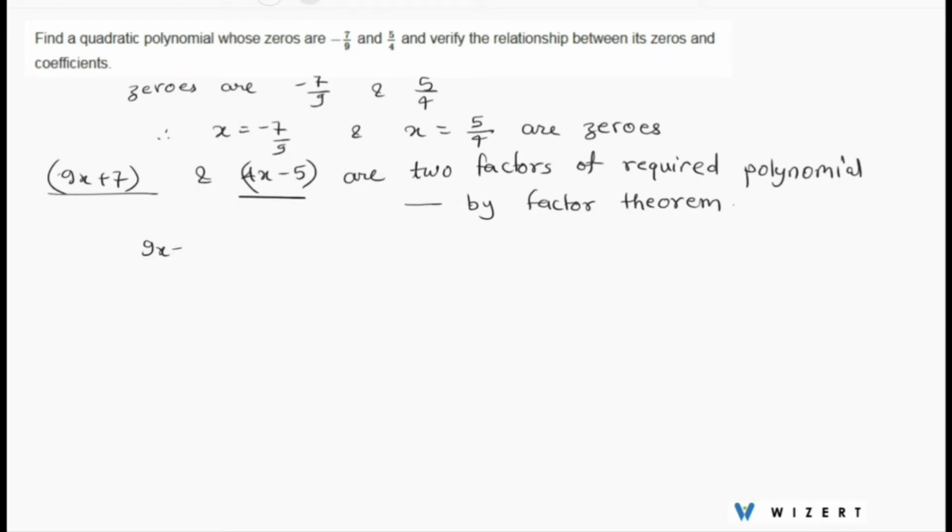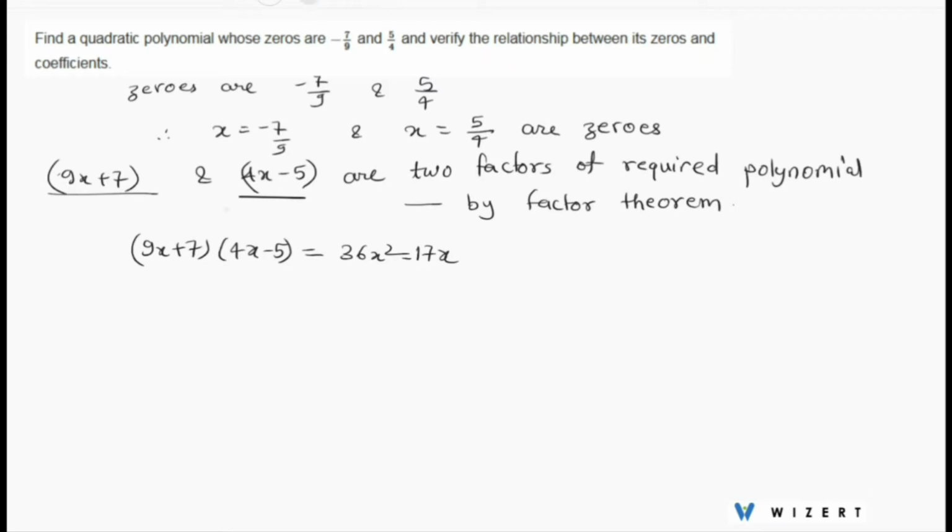So 9x plus 7 multiplied by 4x minus 5 is equal to, let's see, 9 fours are 36x square. Now the coefficient of x will be 9 fives are minus 45, 7 fours are plus 28. Minus 45 plus 28 is minus 17x.